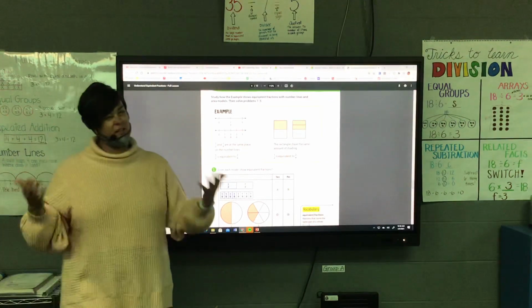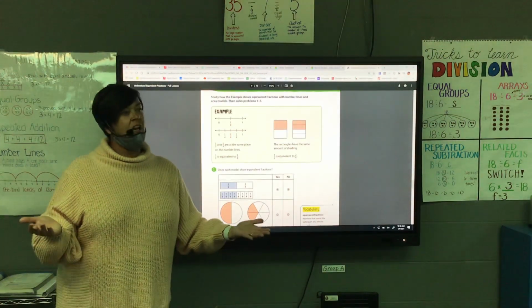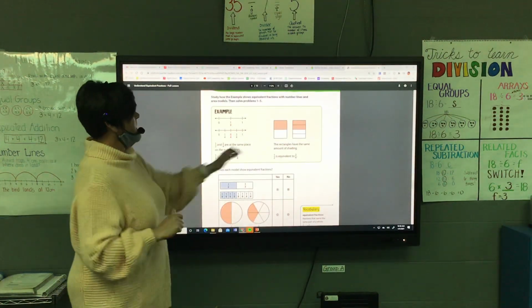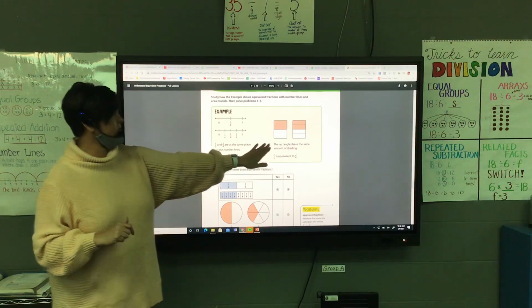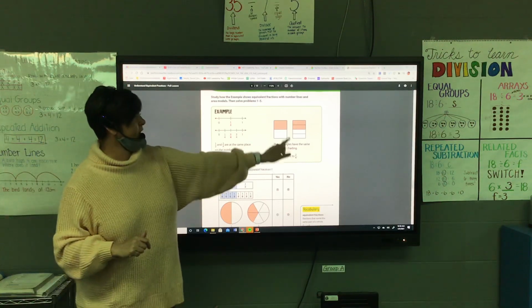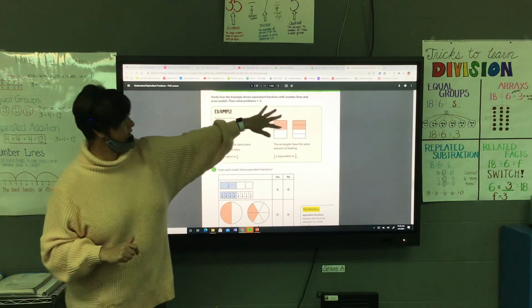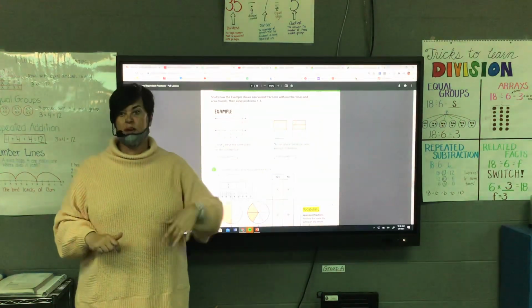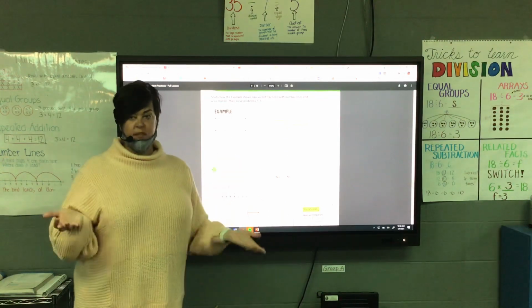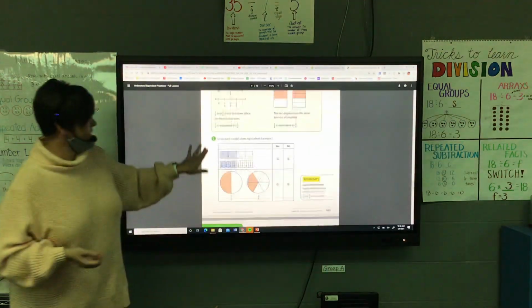And what does equivalent mean again? Equal to. So if we look at these rectangles, they have the same amount of shading, right? 1/2 and 2/4. So again, they are equivalent. All right.